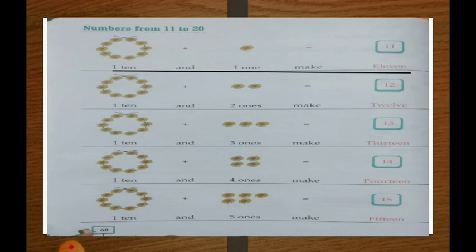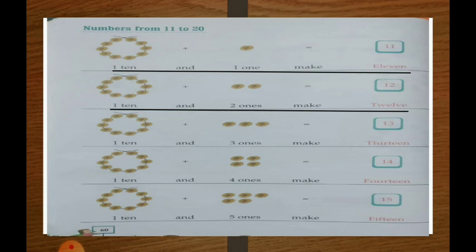And when it is a group of 10, that time you have to use the word 1 ten. 1 ten and 2 ones make 12. Yes, 1 and 2 is written there, 12. T-W-E-L-V-E, 12.